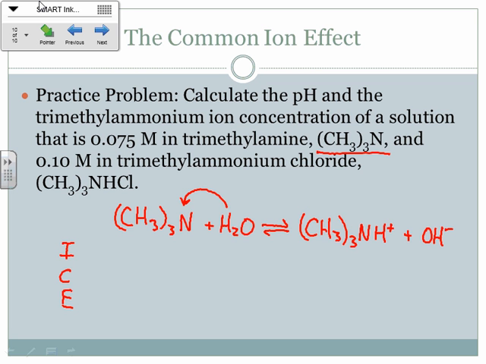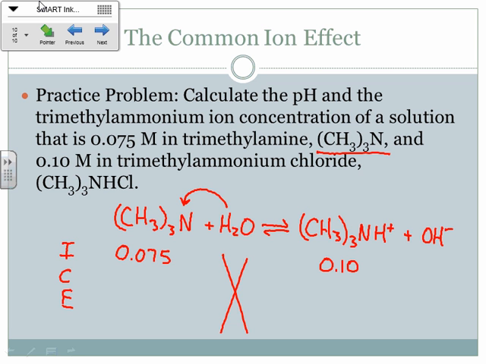So our initial concentration of trimethylamine is 0.075. We don't really care about the water here, so we can X out that column. We also put in 0.1 molar trimethylammonium chloride, and that dissociates in a 1-to-1 ratio, so that's also our concentration of the ion.